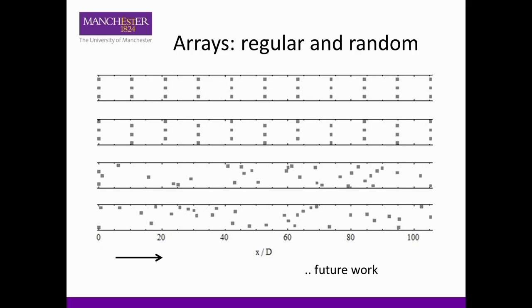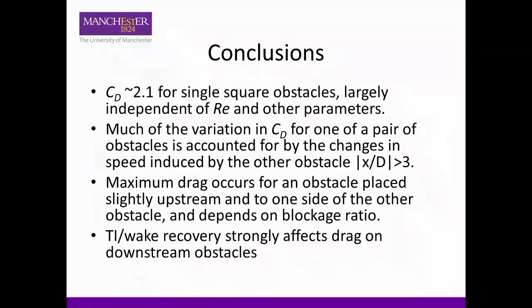You can make the flume slope so that you have the same depth all the way through, and you've got essentially normal flow with a balance between the drag and gravity, which makes it easier to work out. Okay, so right, drag coefficient on a square obstacle is 2.1. We kind of know that already. Largely independent of Reynolds number and turbulent intensity and various other things.